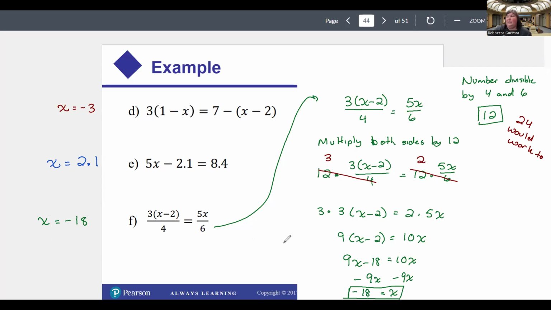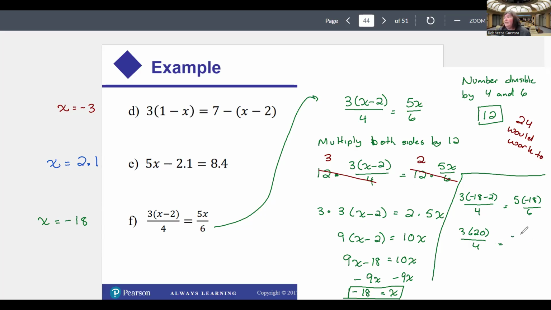Okay, just need to find a nice little place to check it here, so I'll try to fit it in here. We want to check 3 times (negative 18 minus 2) divided by 4, and 5 times negative 18 divided by 6. So we're going to have 3 times negative 20 divided by 4 here. And then, wrong calculator, 18 times 5.